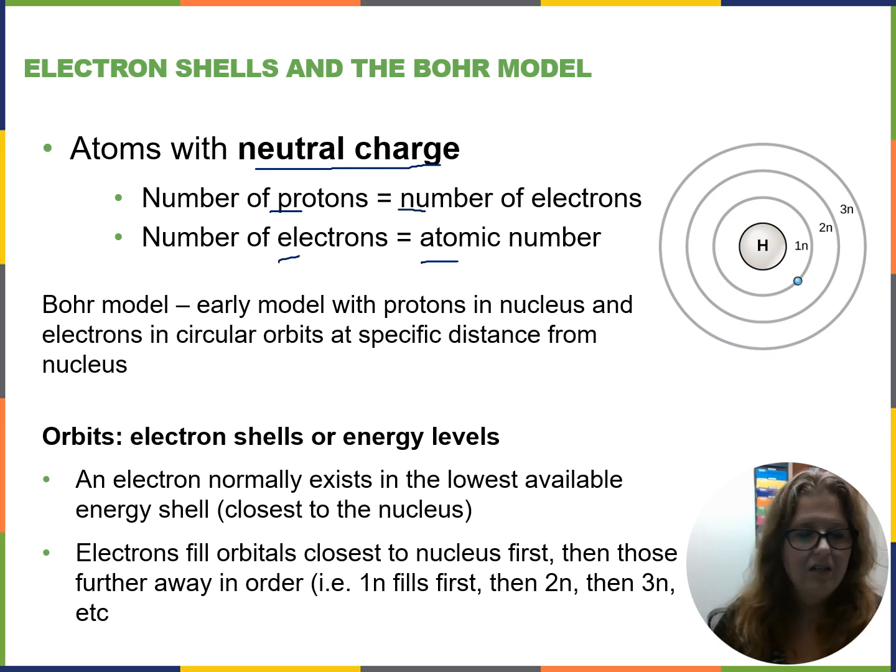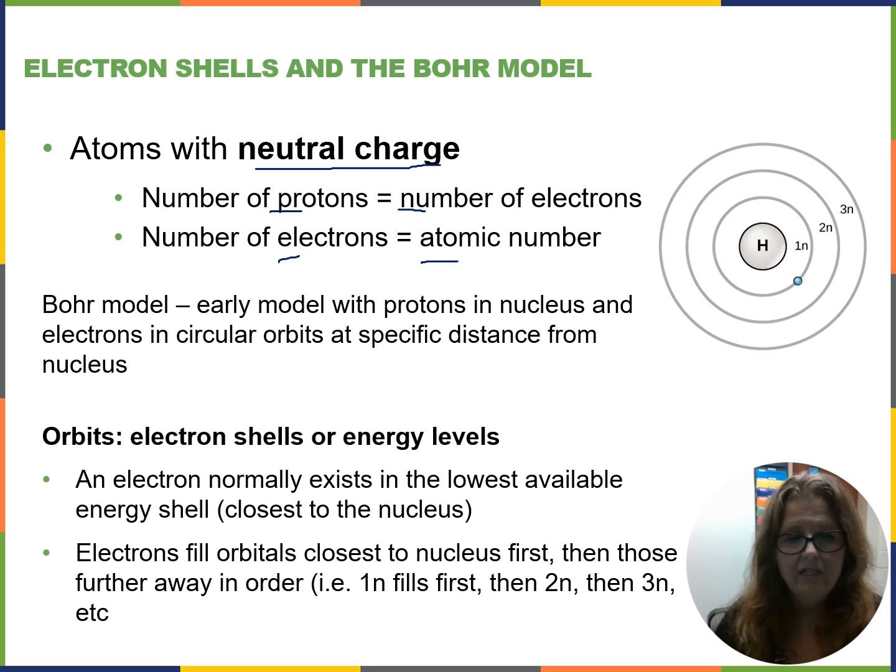So the Bohr model is an early model with protons in the nucleus and electrons in orbits at a certain distance. So we have these 1n, 2n, 3n. These are the electron shells, or the energy levels, the closest one and then farther out. They're always going to fill the ones closest to the nucleus first and then fill outward.